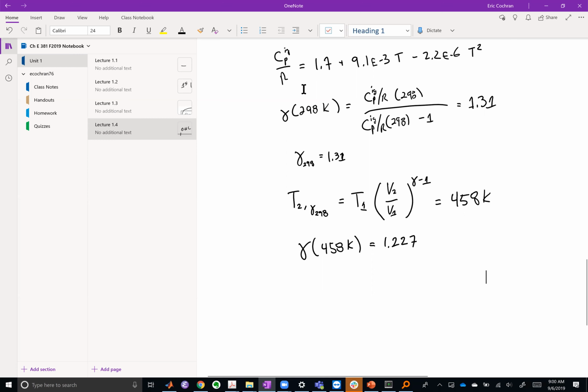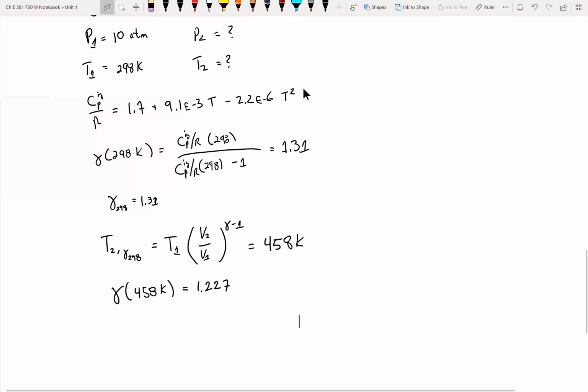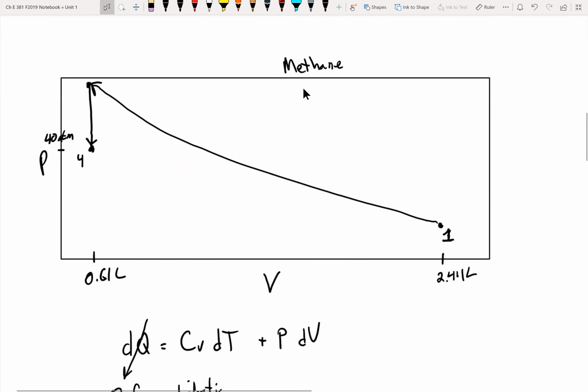Okay, so to continue from Wednesday, we were looking at how to do state change calculations with the adiabatic compression or expansion process. Just to refresh your memory, we're thinking about this conceptual methane contained in a cylinder with the piston on top of it, and this time we're compressing the methane by very rapidly plunging the cylinder down until we get to the target volume.